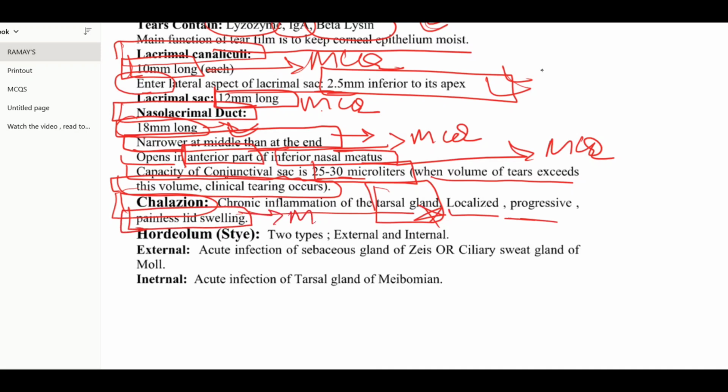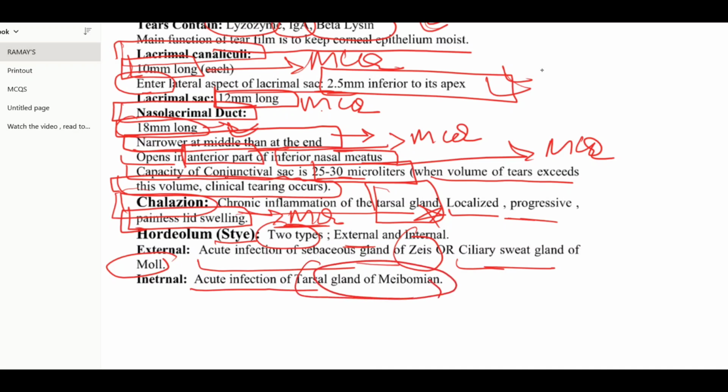Important MCQ point. What is hordeolum, also known as the stye? There are two types, external and the internal. External is the acute infection of sebaceous gland of Zeis or ciliary gland of Moll, and internal one is the acute infection of meibomian gland.